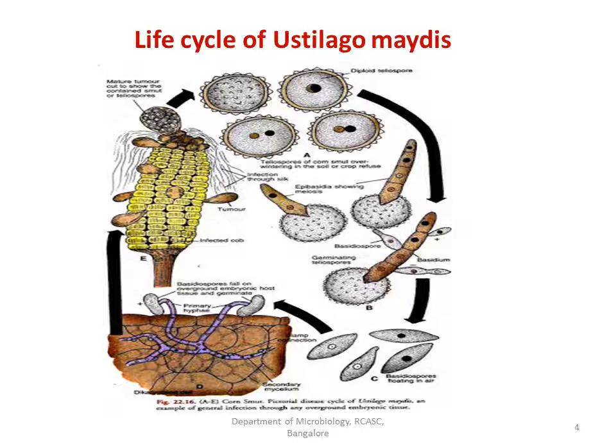Once the basidiospores land on the surface of the host, the haploid basidiospore comes in contact with another basidiospore or sporidium of the opposite strain and they fuse, or sometimes each basidiospore produces a germ tube once it lands on the host surface.